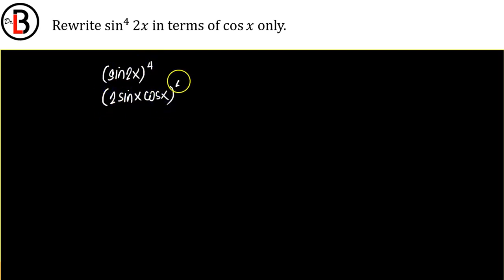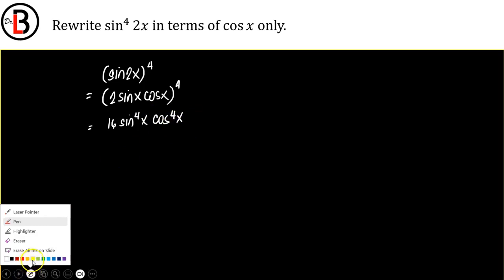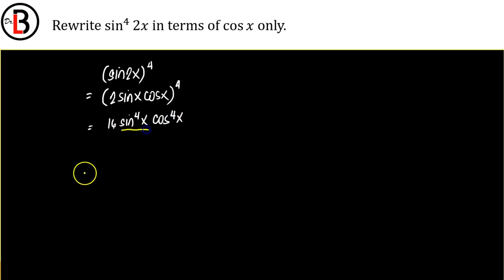So when I apply the power, this gives me 16 sine to the 4 of x cosine to the 4 of x. So I don't have any problem with the cosine to the 4 of x, but I have a problem with my sine to the 4 of x because this is still sine.